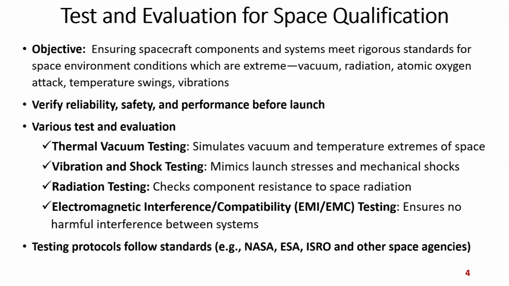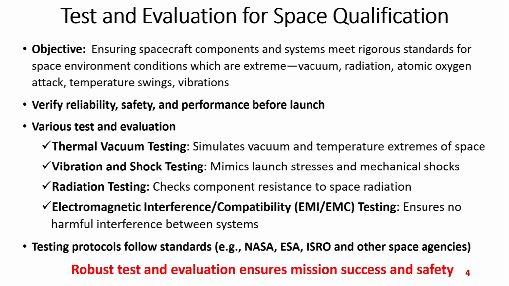All these tests follow some protocols, and whether it is NASA, ESA, ISRO or other space agencies, the protocols are almost the same. There is not much difference so far as space qualification is concerned.